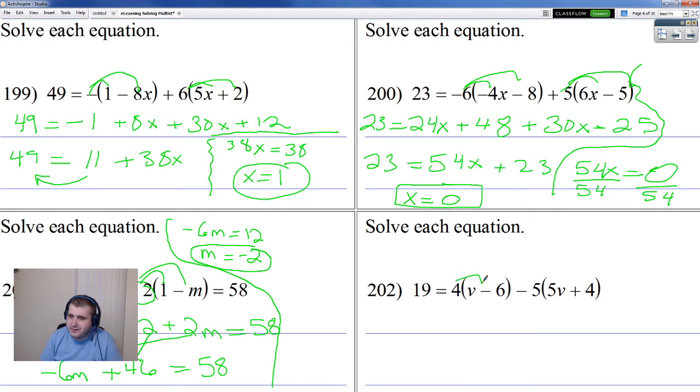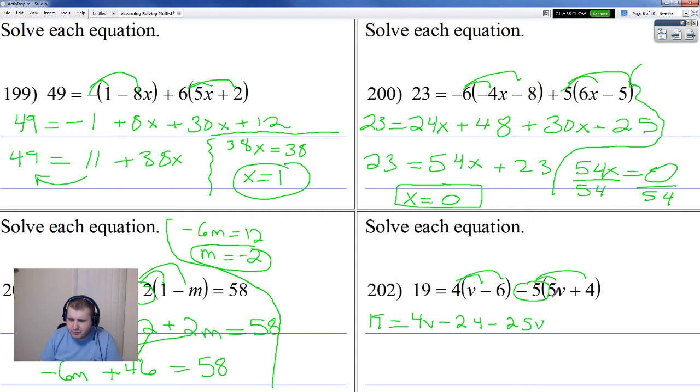Distribute, and again, this is a negative 5 that is being distributed. Be careful. That is important, negative 5. So we go through, and 19 equals 4v minus 24 minus 25v, right?